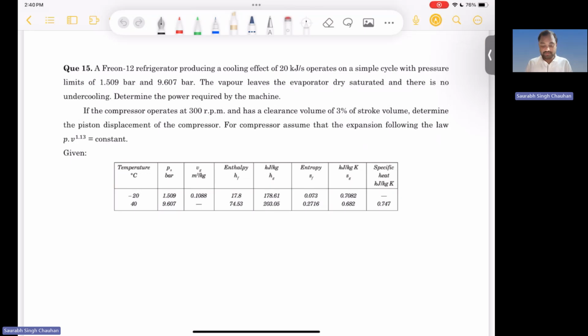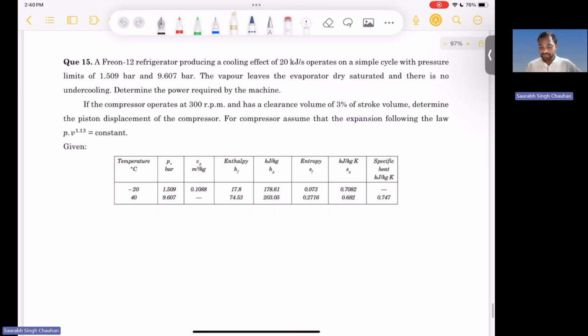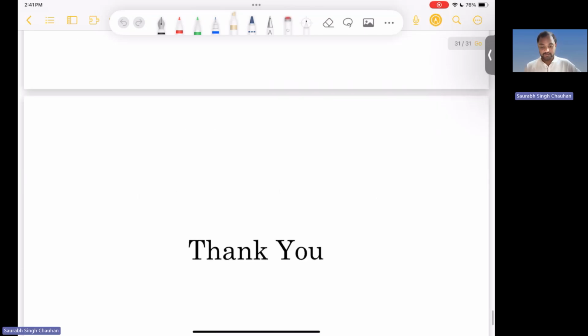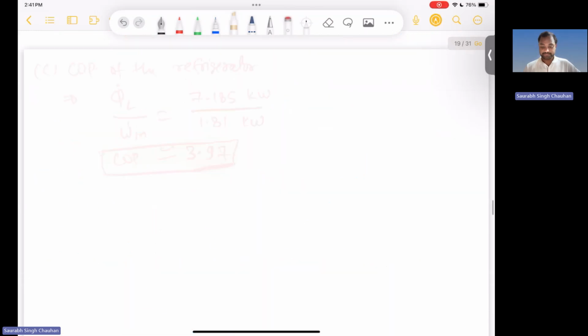So better if you note down this question and try to solve it yourself when you have studied the compressors. You can take a screenshot of this question or note it down. The properties are also given in this table, and we can discuss this later when we have studied the compressors. So this was the last question.